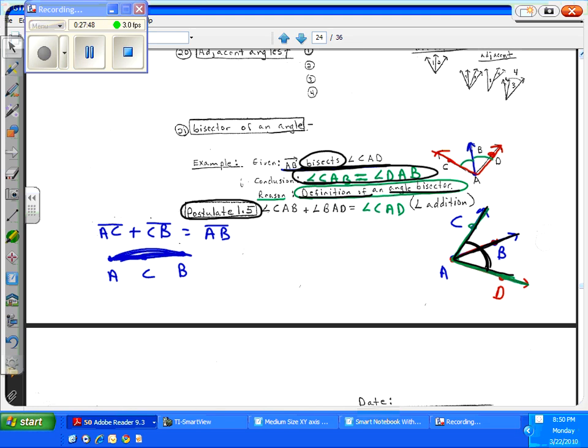If there's an angle CAB and an adjacent angle BAD, then together we can visualize that they make this whole big angle, angle CAD. That's a postulate because we can visualize it, logically conclude it without basing it on some other mathematical rule that we've learned in the past. Okay?